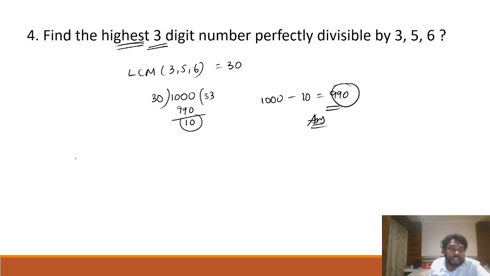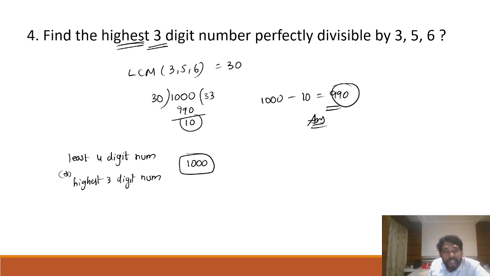So what you need to do is, even if he said least 4-digit number or highest 3-digit number, you are going to take the number 1000 for calculations.